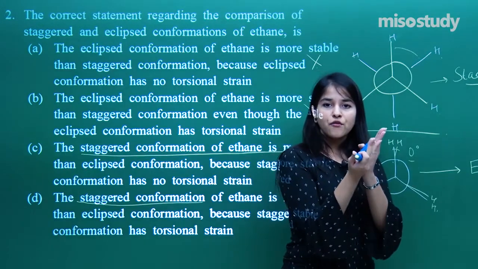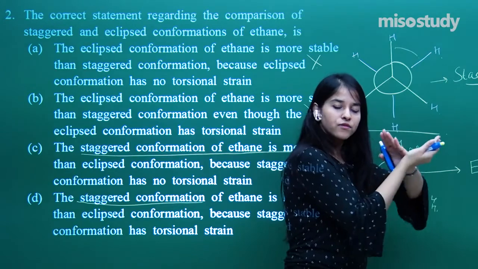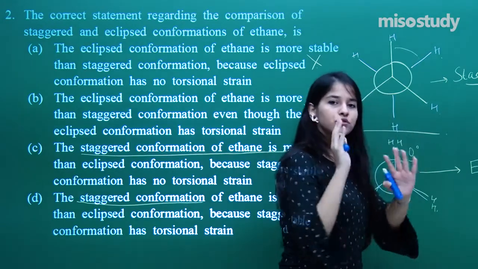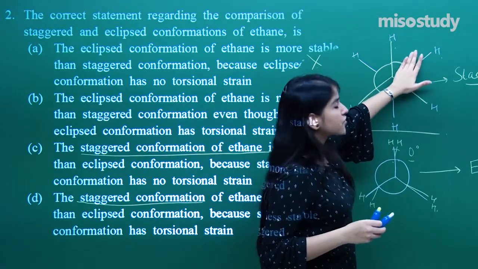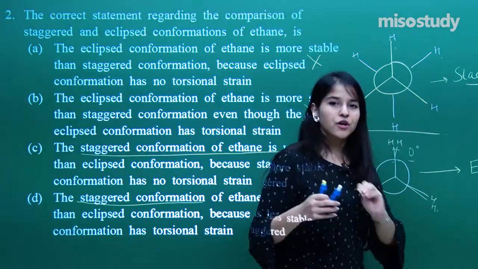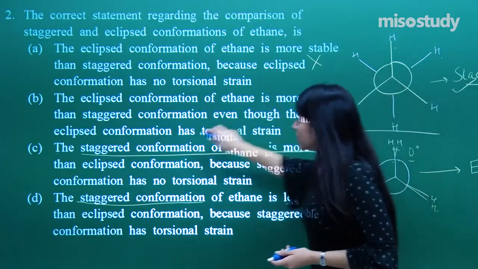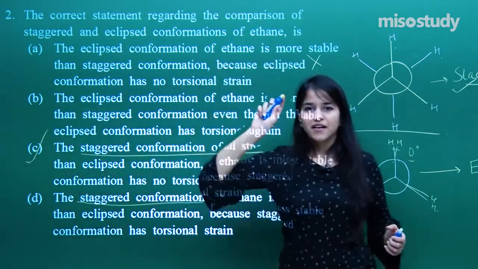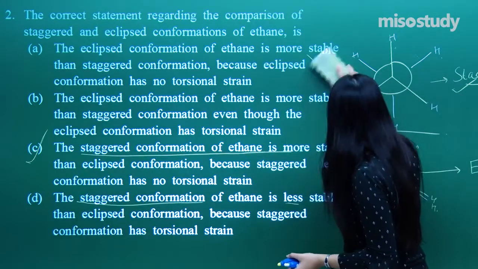Torsion means whenever two things move, they have a strain in between. That kind of strain we are talking about. Over here there is no torsional strain as compared to the eclipsed. So I hope you all have got the answer. Staggered is always the stable one. C is the answer. Let us move on to the next one.